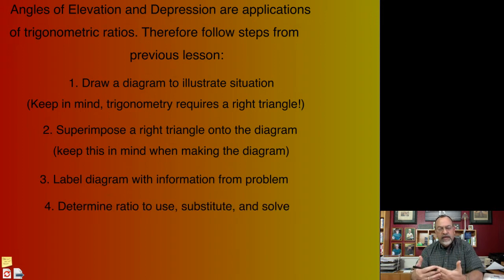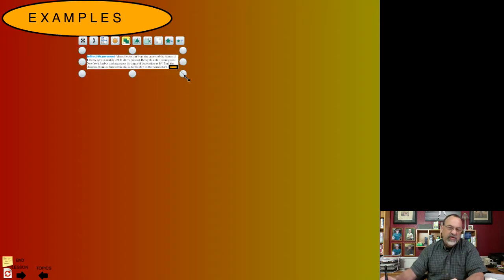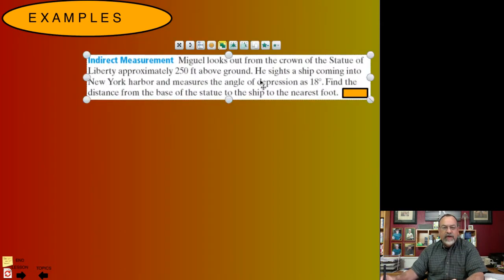Once we've drawn the diagram and chosen the appropriate ratio, we simply substitute in the values and solve like we did in the previous lessons. So I'm going to do a couple of examples. I won't work out all the arithmetic for you, but we will read through the problem and show you how we can set up a right triangle for it, and then we'll leave the calculations for you to do on your homework.